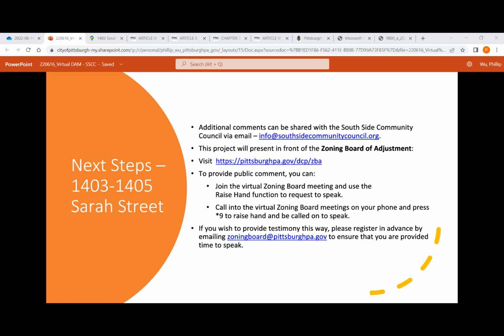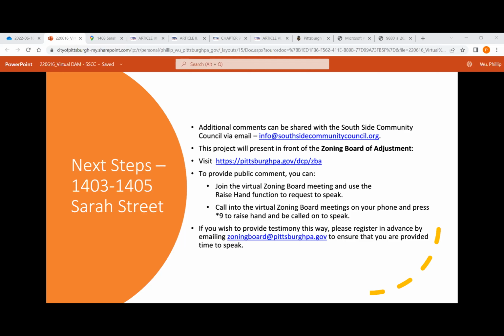Yes, and so when this project does go to the Zoning Board of Adjustment, you can provide public comment by joining that virtual zoning meeting and using the raise hand function to request to speak. And I think, Tom, did you say that this is a little bit different than it has been in the past to provide public comment at a zoning meeting? Yes. So on the website of the ZBA, they posted the update.